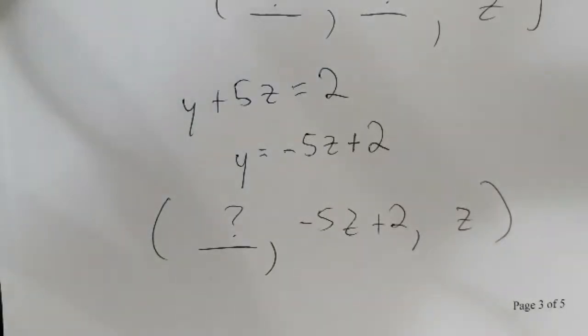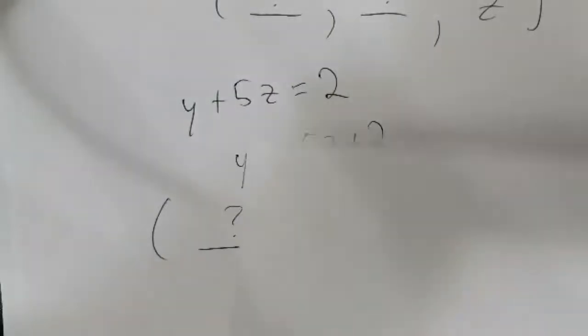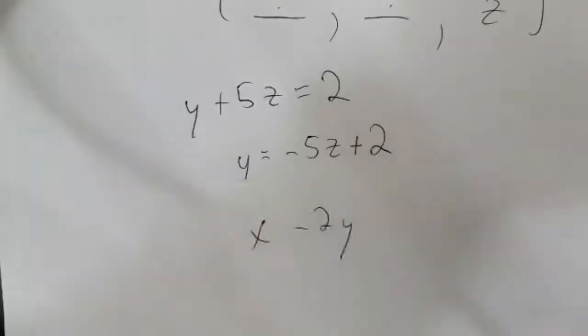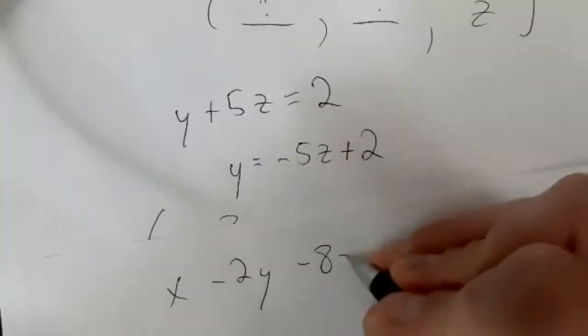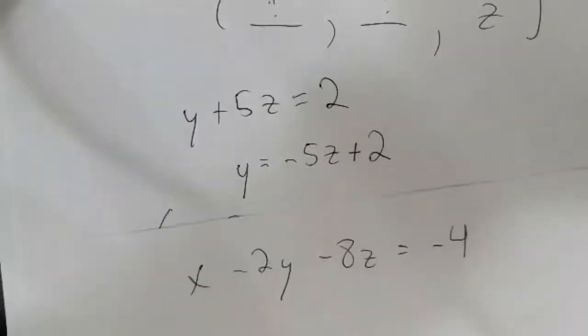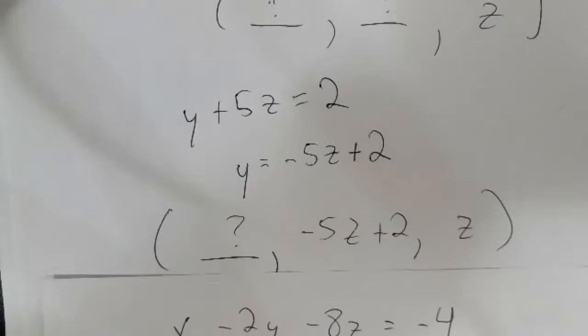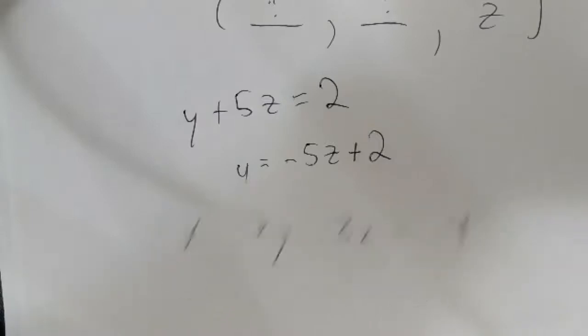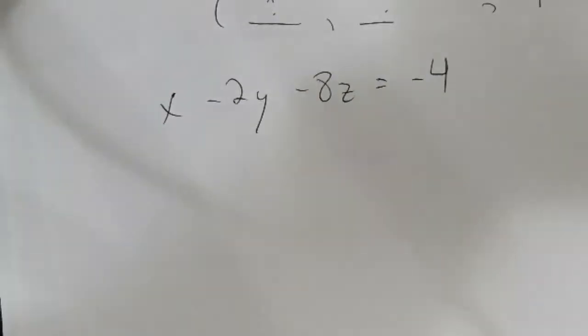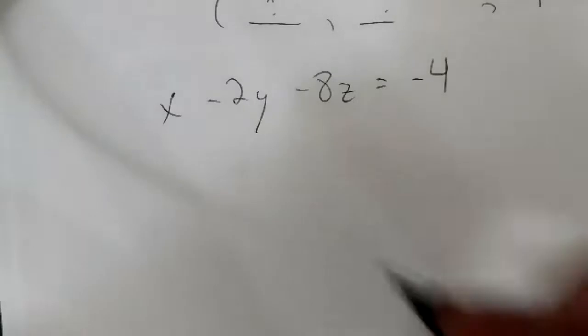I still need my x. So going back to that equation with the x, it looks like x minus 2y minus 8z equals minus 4. So maybe it's worth noting, this was not in row reduced echelon form, and if you're doing things in your calculator, typically you'll save a little bit of work.